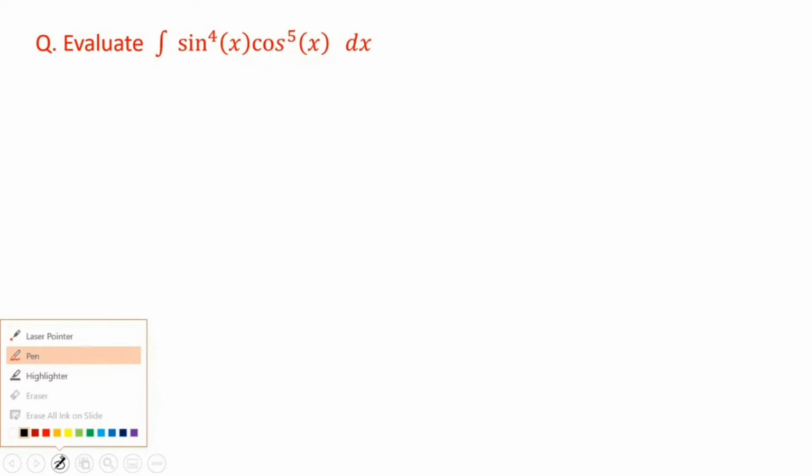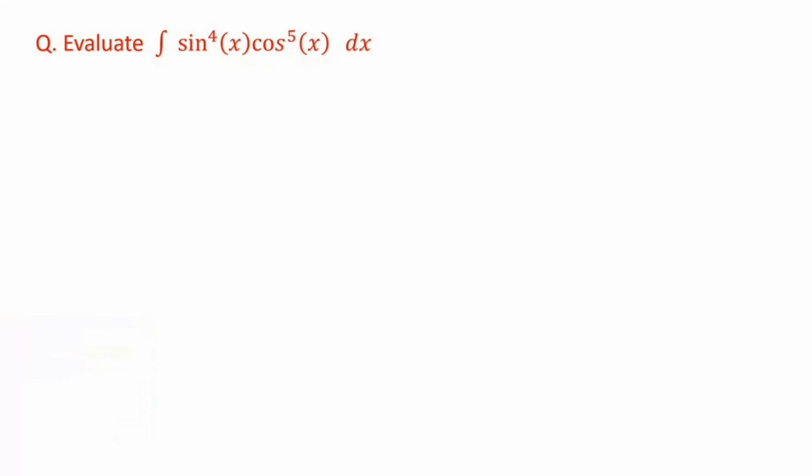Now our next example is sine to the power 4 x cosine to the power 5 x dx. The power of sine is even, and the power of cosine is odd. So proceed in the same way.